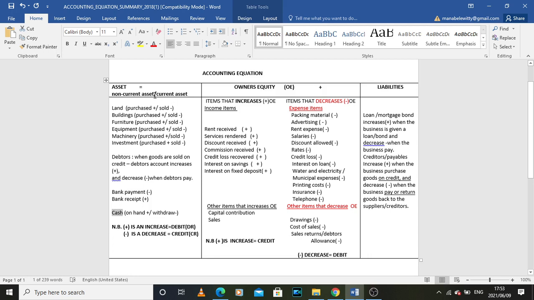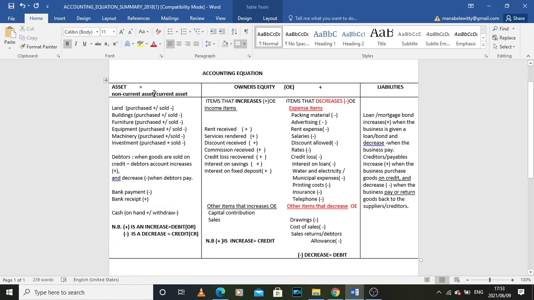How do these two differ? Non-current asset, you are not permitted to convert these things to cash within the period of 12 months. You must wait the whole period of 12 months in order to convert them to cash. Current assets, you can convert them to cash even within the period of 6 months or so. For example, if you're using a bank, for example ABSA, you can change the business to Standard Bank, Nedbank, and all those.